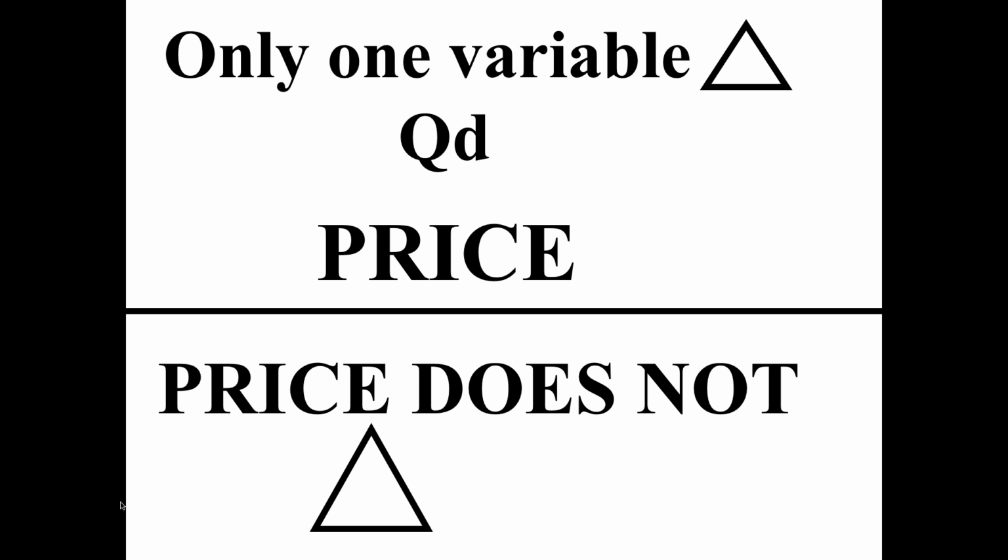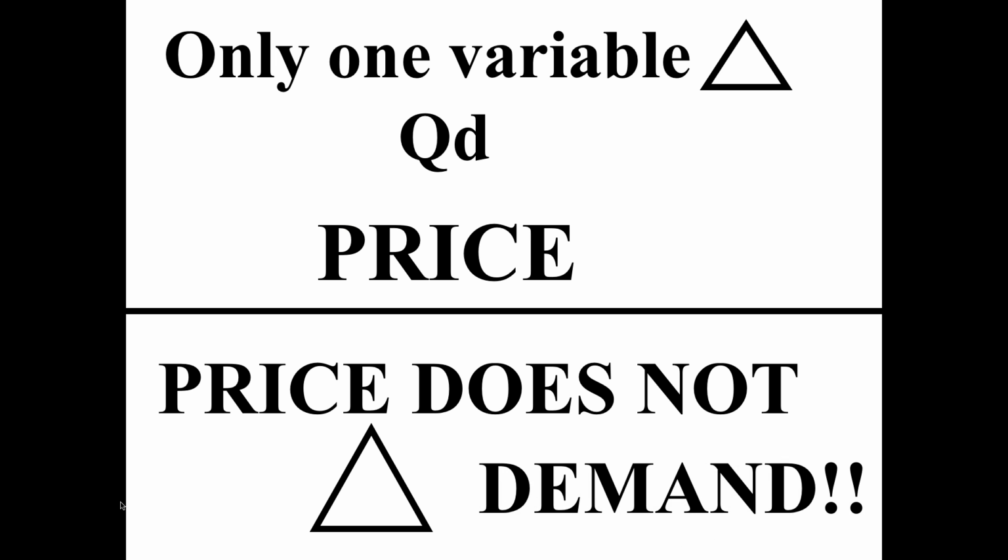Price does not change, that triangle means change, it's delta, price does not change demand. Factors other than price change demand. So you might ask yourself, what are these factors other than price that change demand? Well, that is what we are going to look at next.